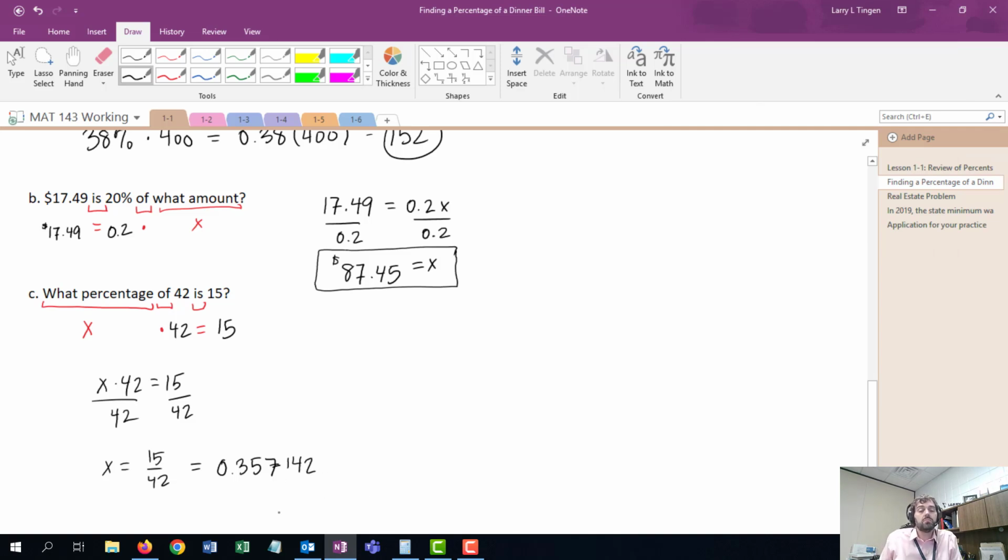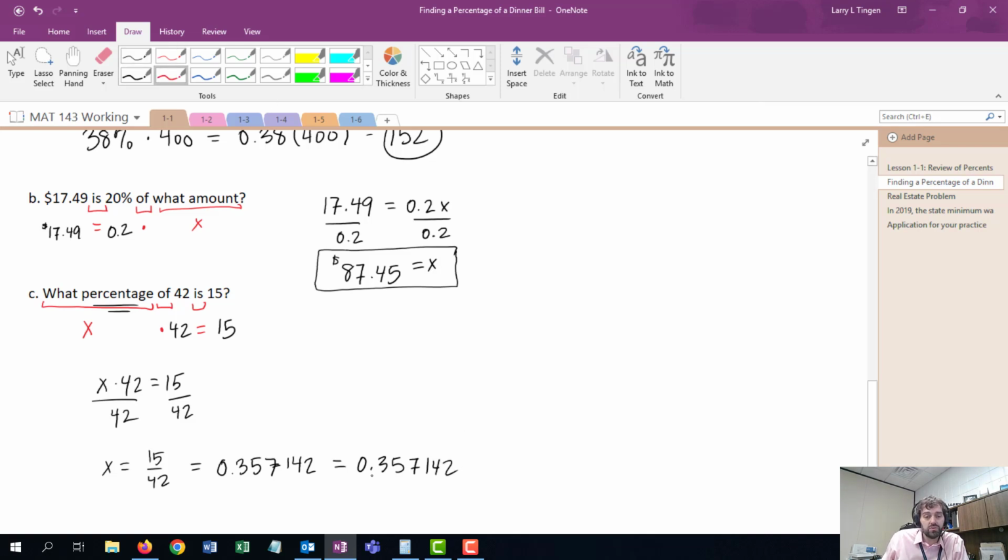Now, am I done? No. And I'm not done because the problem said what percentage. So I do have to convert this to a percentage. To convert from decimal to percent, I move 2 places to the right, and I add the percent sign.